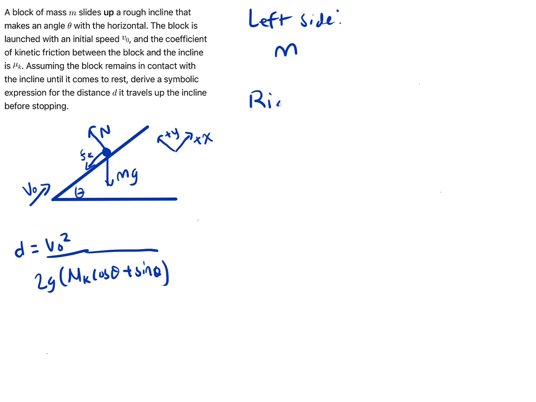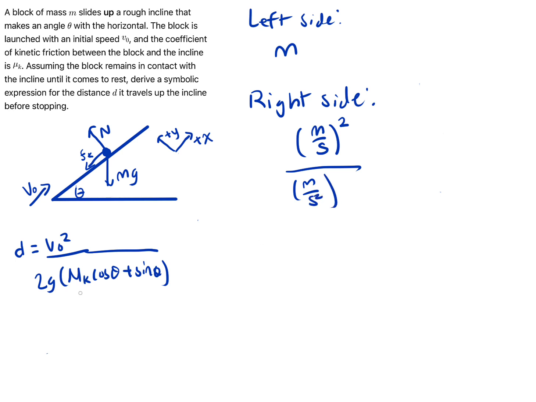Now we want to figure out if the units of the right side are equivalent. So let's plug in our units here. v naught is a velocity, which means it has units of meter per second, and it's squared. And in the bottom, 2 is dimensionless. g has units of meter per second squared. It's like acceleration.